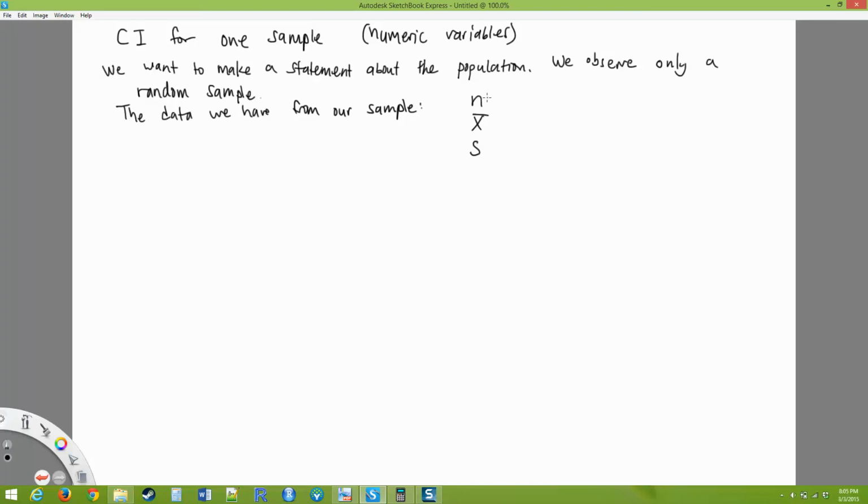And from this data, we make a confidence interval about the location, or about the value, of the population mean mu.